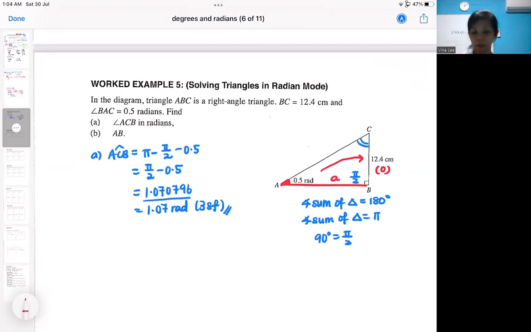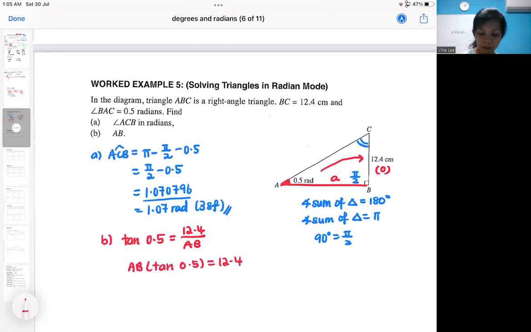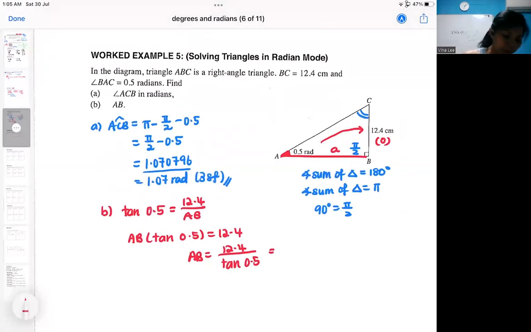If I'm interested to find AB, I should be doing tangent 0.5 equals 12.4 over AB. Obviously you've got to cross multiply and divide as usual. But you've got to be doing it in radian mode because your 0.5 is in radian. If you don't put it in radian, your answer will be totally wrong.